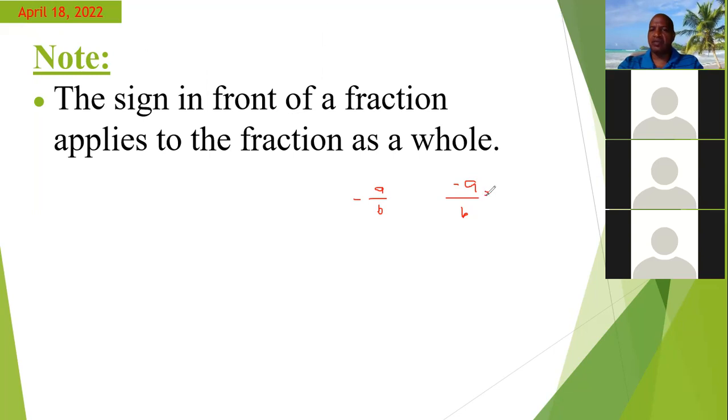So what you would have to do now is apply the rules for dividing negative and positive. Dividing a negative by a positive, you always get a negative. So the entire fraction will become negative. And so you put this sign in front of the bar to show that the entire fraction is negative. All right, is that clear to you guys?